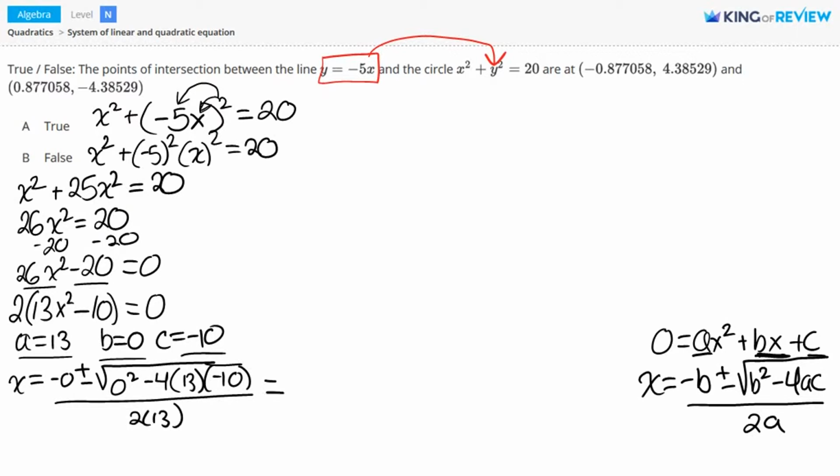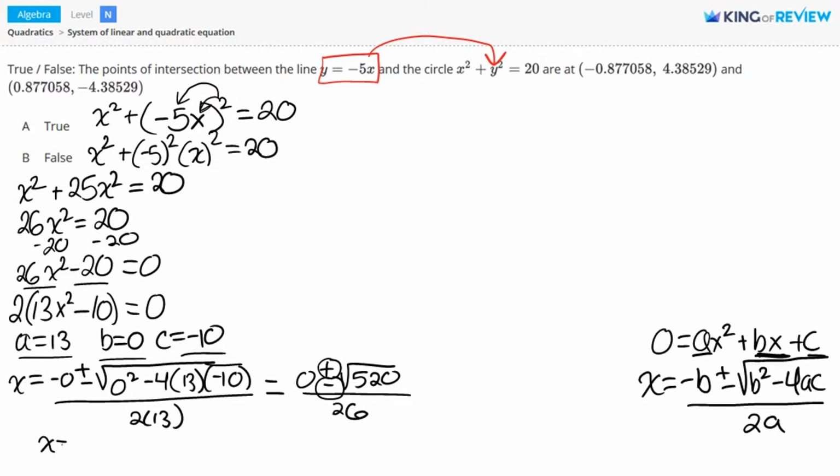When we simplify, we get 0 plus or minus the square root of 520, and this is divided by 26. So we're going to get two values for x. One will be calculated using this plus sign, and the other is calculated using this minus sign. So use your calculators, and now we get two values for x.